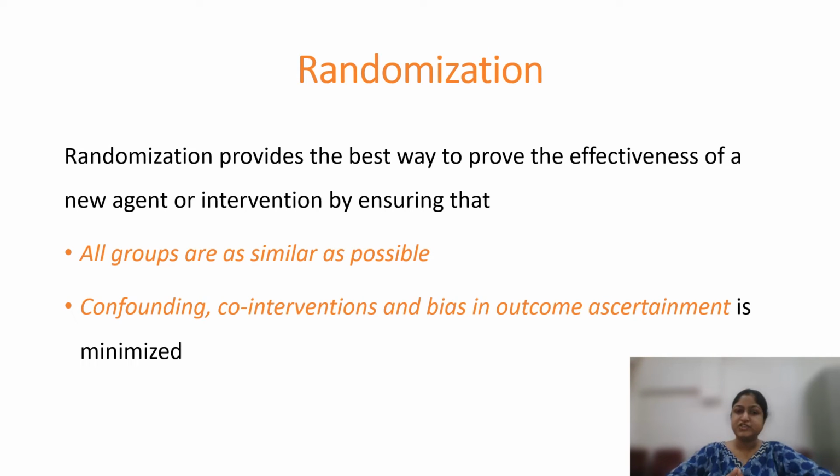Randomization provides the best way to prove the effectiveness of a new agent or intervention by ensuring that all groups are as similar as possible, and confounding co-interventions and bias in outcome ascertainment are minimized with the help of randomization.